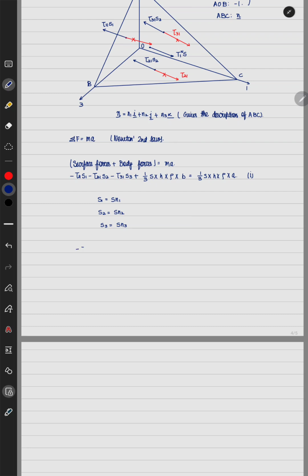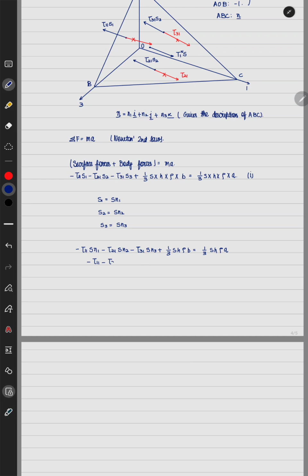So I can write tau 11 S N1 minus tau 21 S N2 minus tau 31 S N3 plus 1 by 3 into S H rho B is equal to 1 by 3 S H rho A. S gets cancelled.